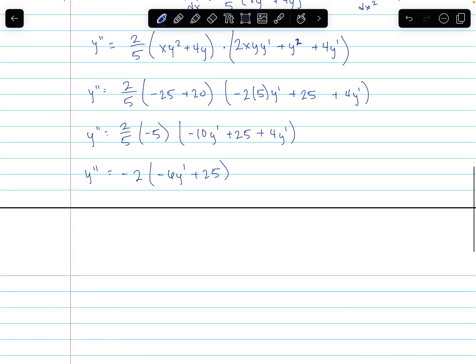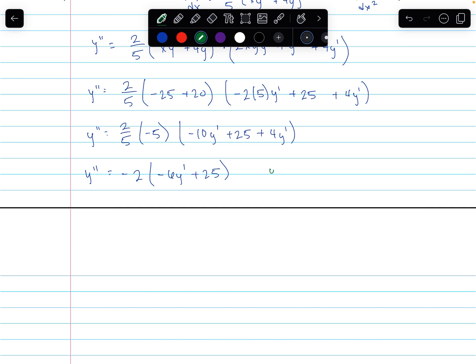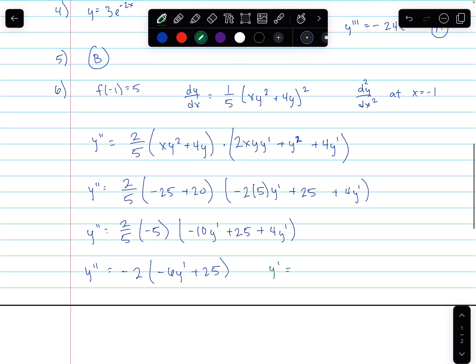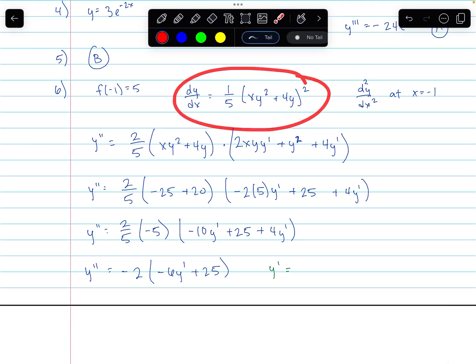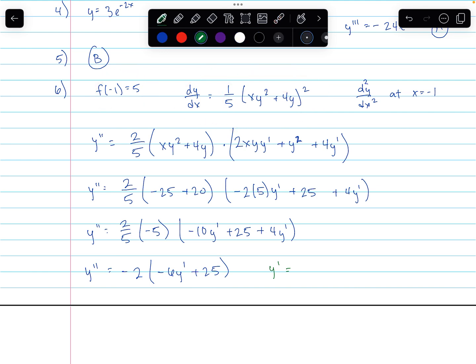So now I'm going to find y prime. Going up here, I'm going to plug in the same point to find y prime. So it's going to be equal to 1/5 times negative 1 times 5 squared, so negative 25, and then we have 4 times 5, so plus 20, all squared.